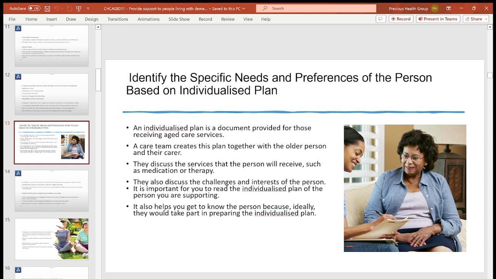They also discuss the challenges and interests of the person. It is important for you to read this individualized plan in order to get to know the person better before you start supporting them. It also helps you get to know the person, because ideally they will be part of preparing this individualized plan.